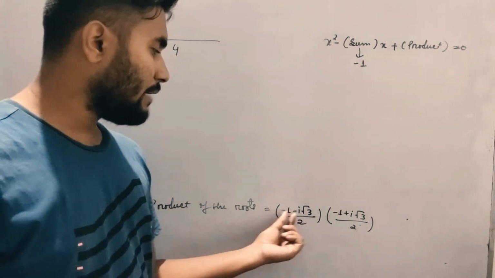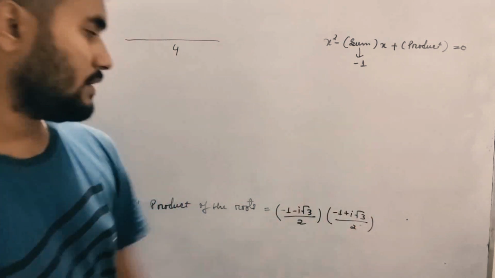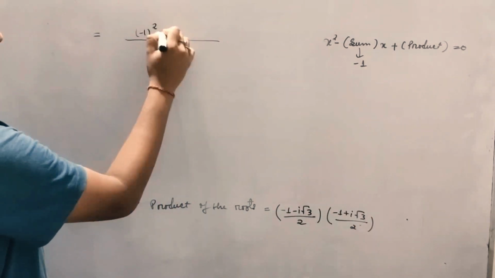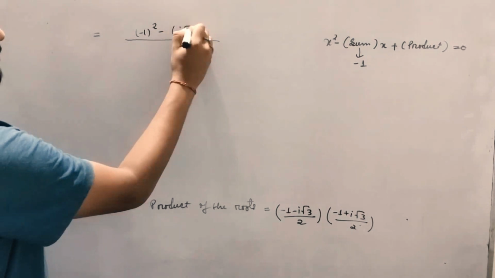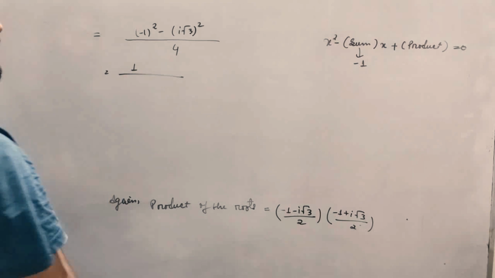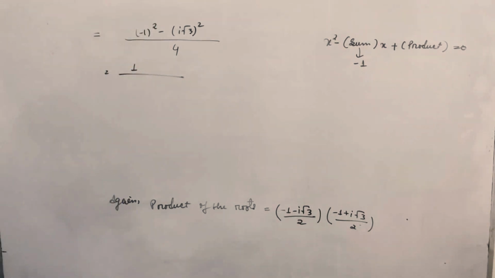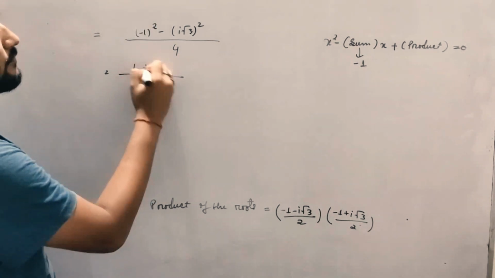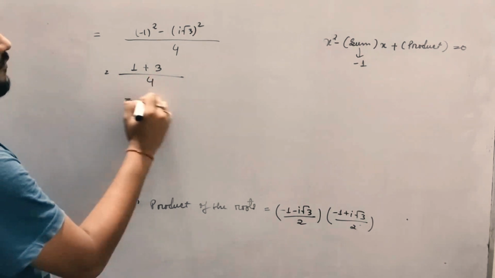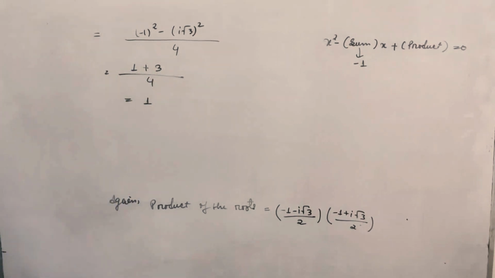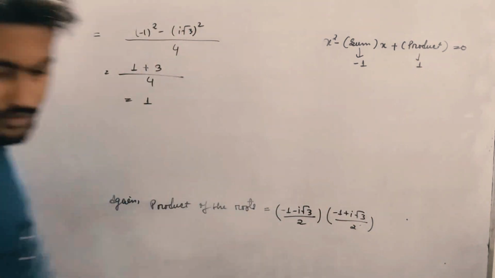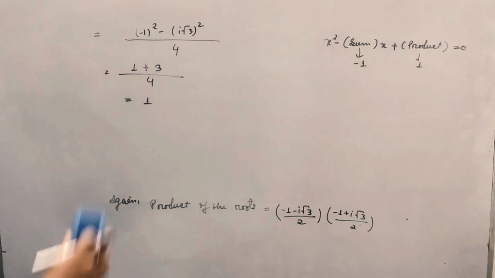So see, a minus b, a plus b gives a square minus b square, that is minus 1 square minus i root 3 square. It will become 1. I square will be minus 1, into which it becomes plus 3, so 4 over 4 is 1. So the product of the roots is also 1. So now find the quadratic equation.